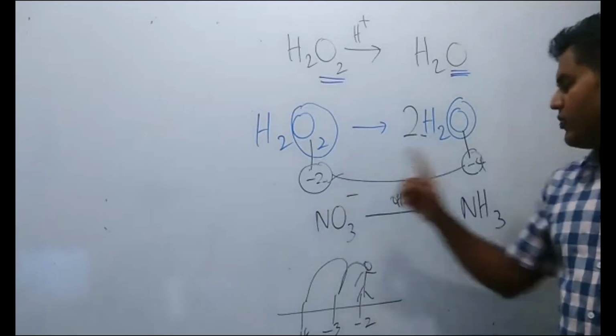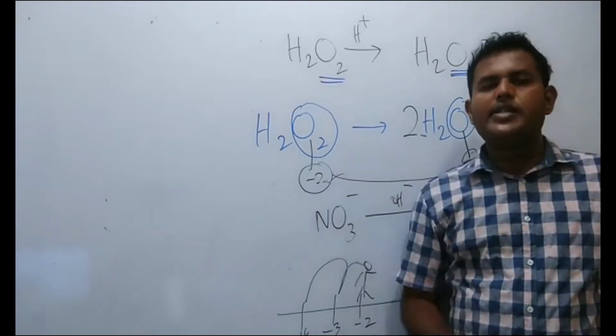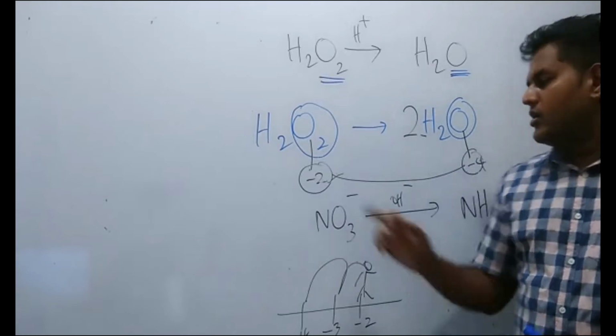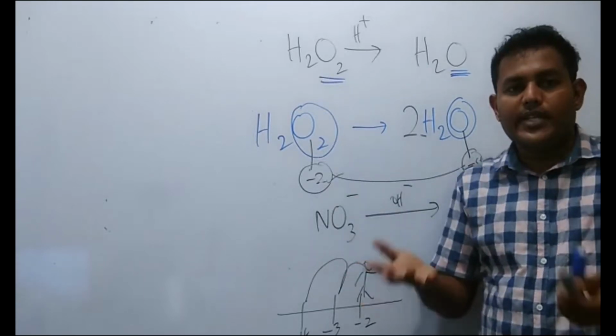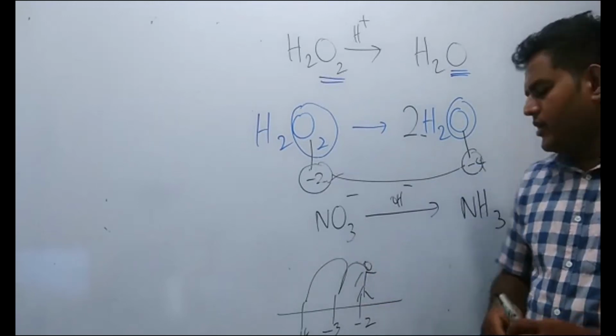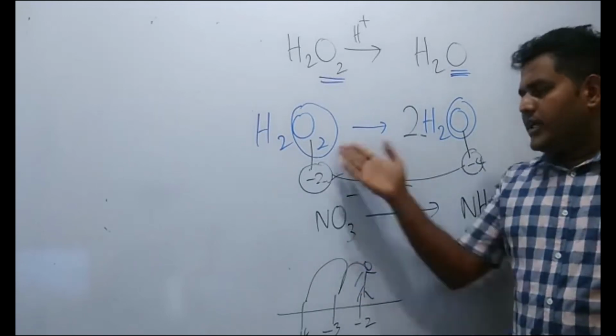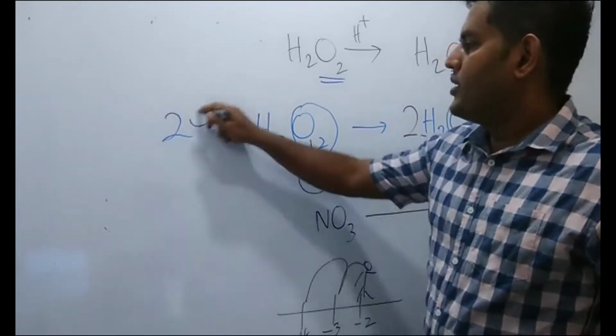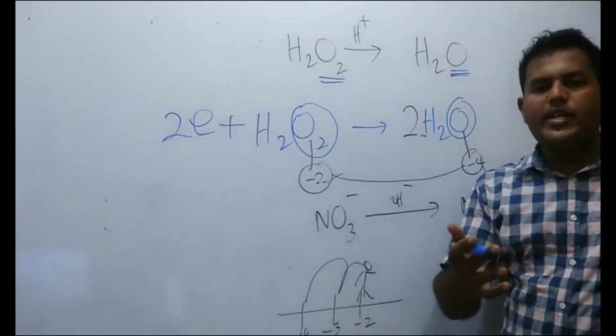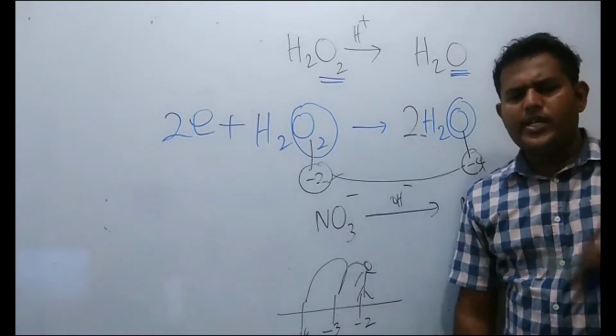I mean out of -2 and -4, which one is the highest? It is -2. So you have to add 2 electrons to this side. Then what do you have to do in the acidic medium? See the note. Take the oxygen difference if it is available.